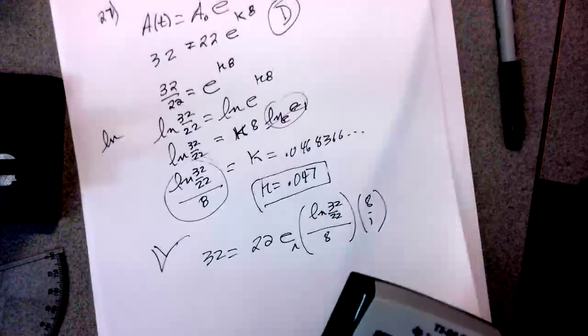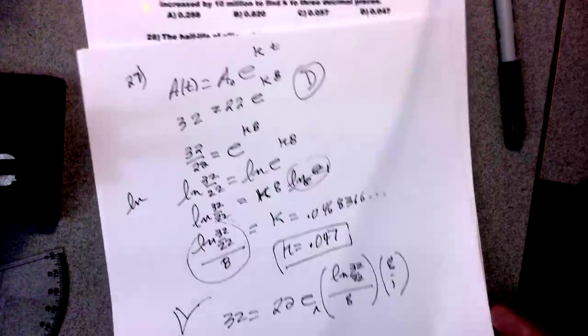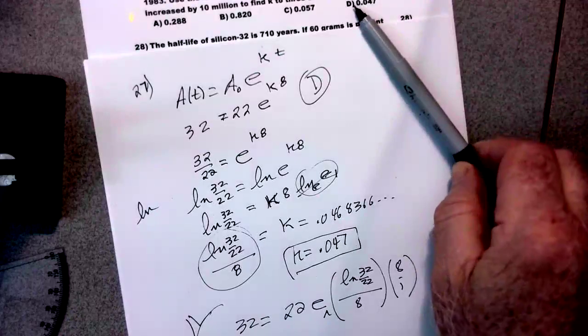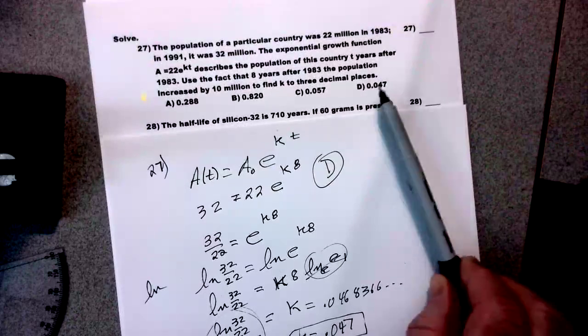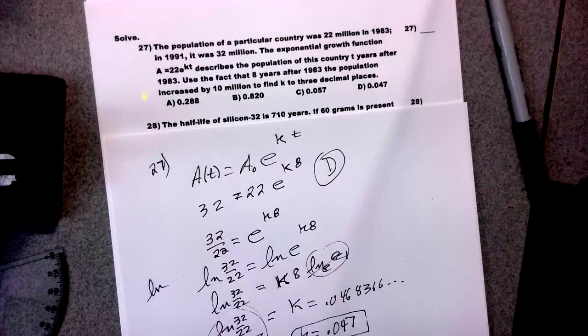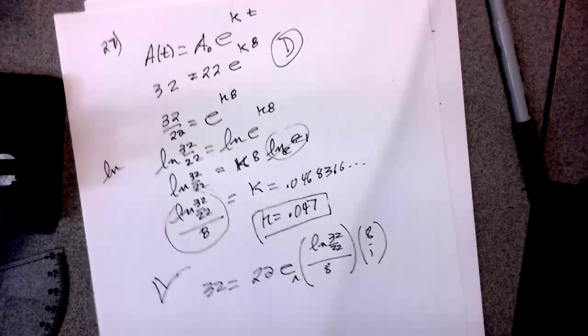So let's see, what else can we say about this? I think that's probably enough, don't you? So again, the answer to 27 is D. So the k factor is 0.047. And let me slide that up so you can see it a little bit better again.